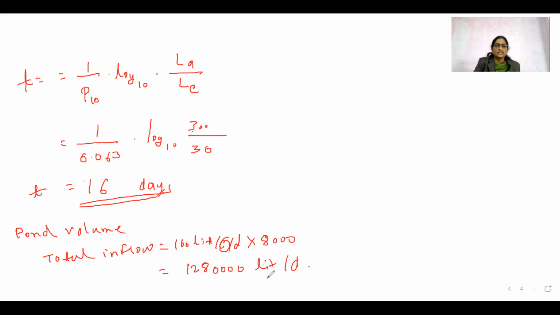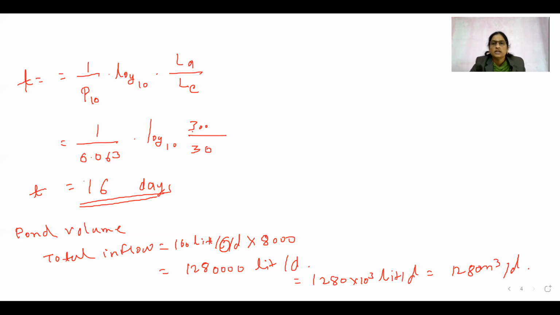Or I can write it in meter cube per day form. It is 1280 into 10 raised to 3 liter per day, or I can write 1280 meter cube per day.